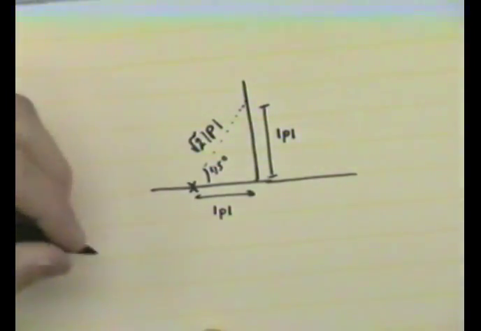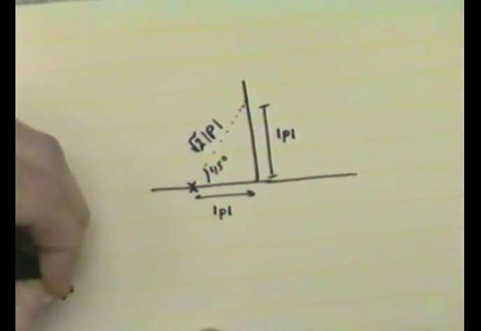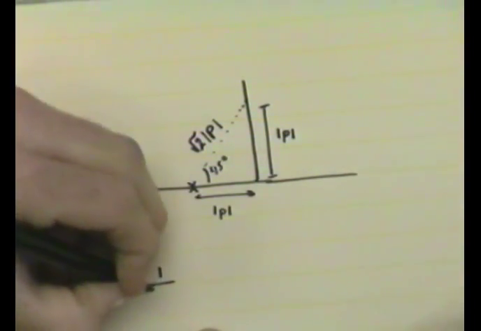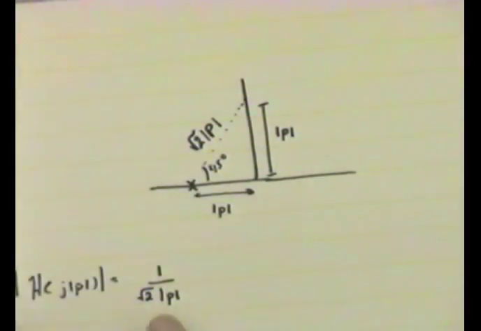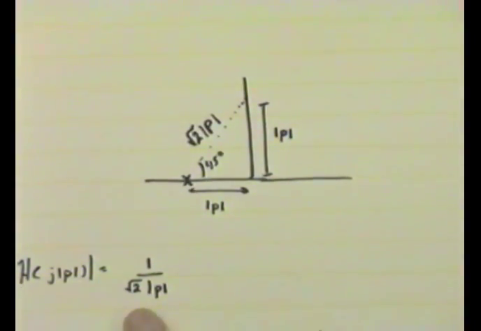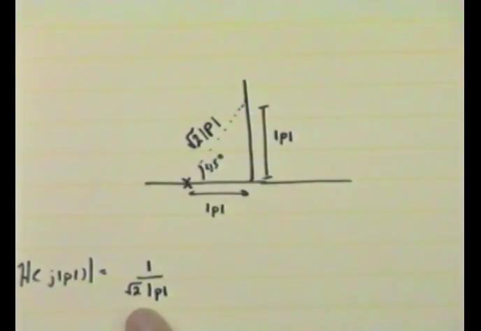So the magnitude, we just said, is given by 1 over root 2 absolute p. It differs from the response at DC, at 0 frequency, by this factor 1 over root 2. So we can tell exactly what the magnitude is going to be at this specific frequency. If it differs by a factor of 1 over root 2 from the response at DC, then we know it's simply 3 dB below the response.